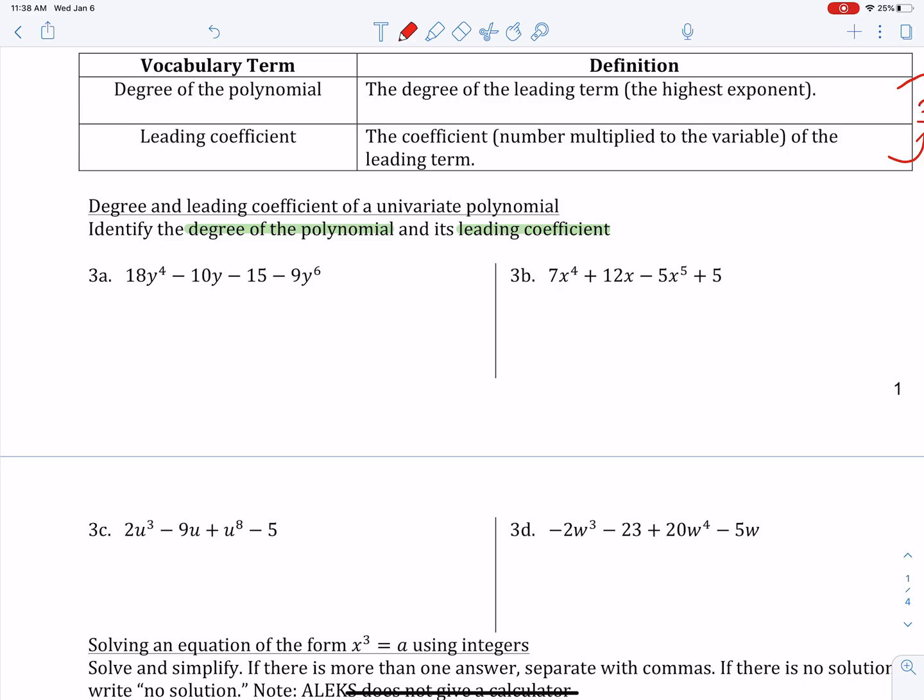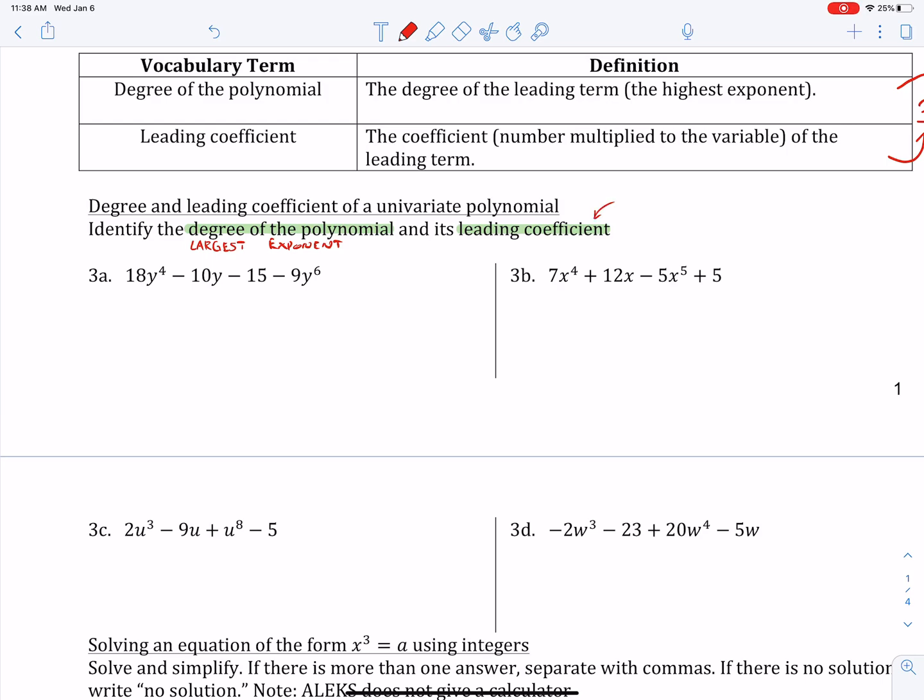What this is saying, degree of the polynomial, is our largest exponent. And you're going to want to put that in your notes for memory. Sorry, largest exponent, singular.